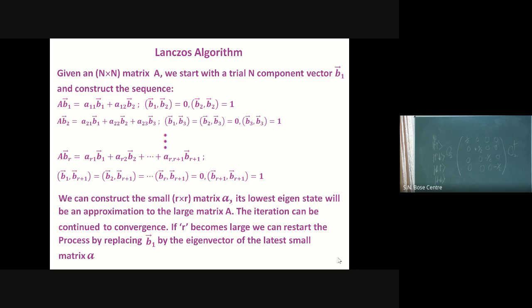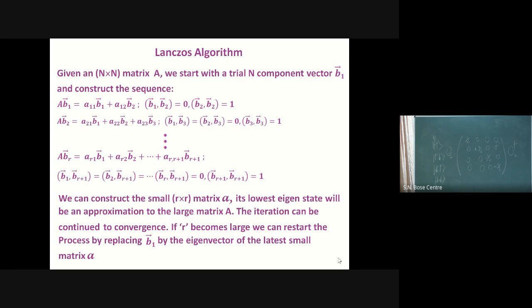I make it such that B1 B3 is 0 and B2 B3 is 0, which means I'm just doing a Gram-Schmidt orthonormalization of the vector AB2 to B1 and B2 to get the vector B3. So B3 is AB2 minus (AB2, B1) B1 minus (AB2, B2) B2, where (AB2, B2) and (AB2, B1) are the inner products.